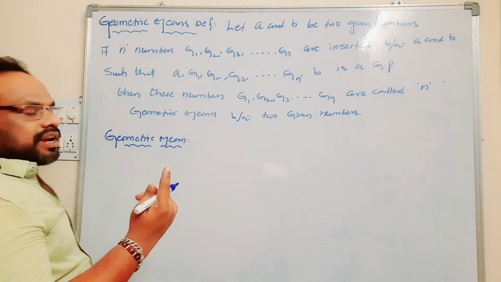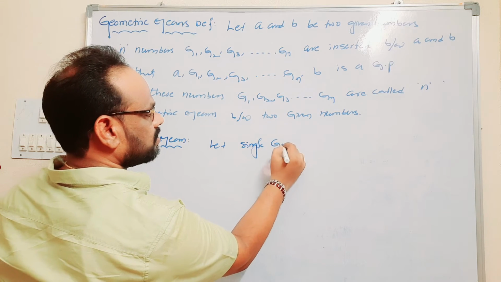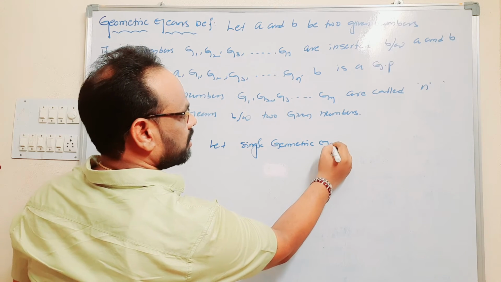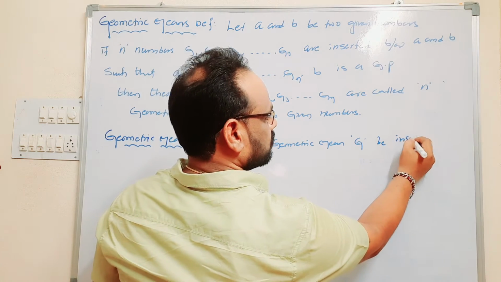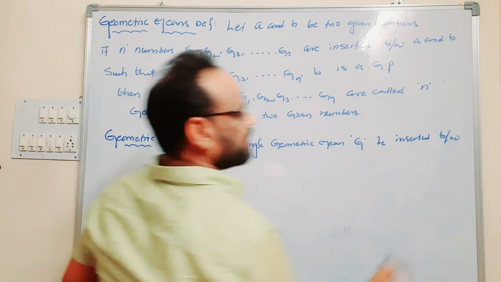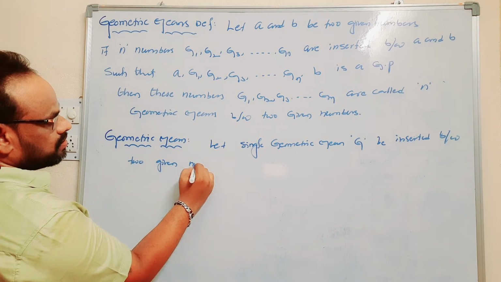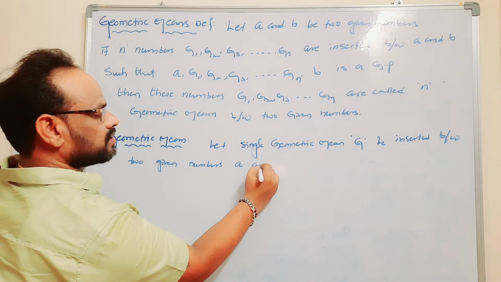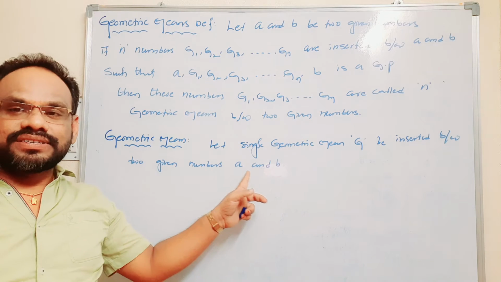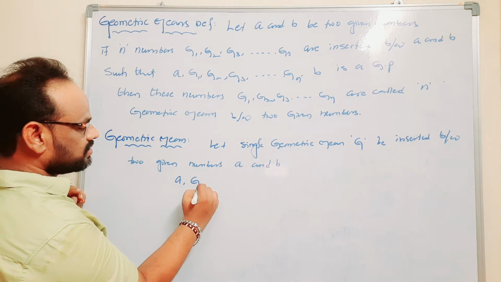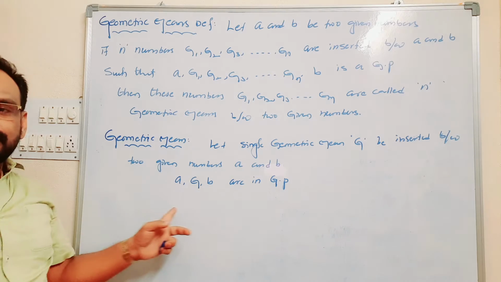Let us assume that a single geometric mean g is inserted between two given numbers a and b, such that a, g, b are in geometric progression.